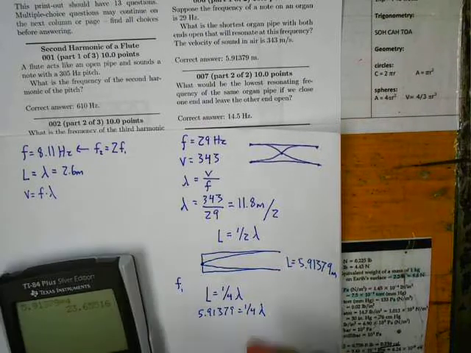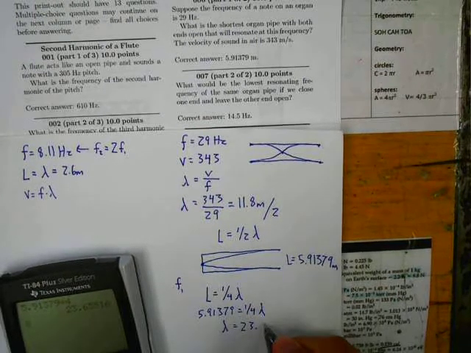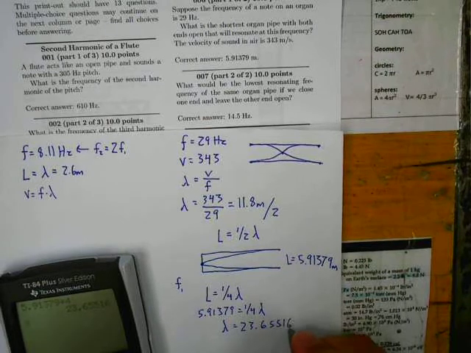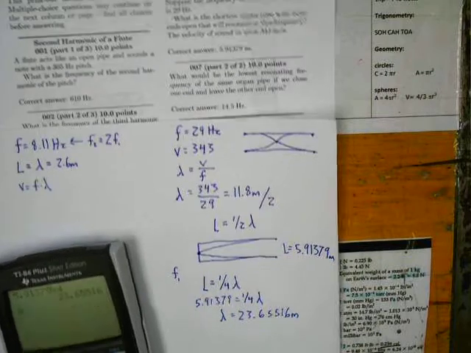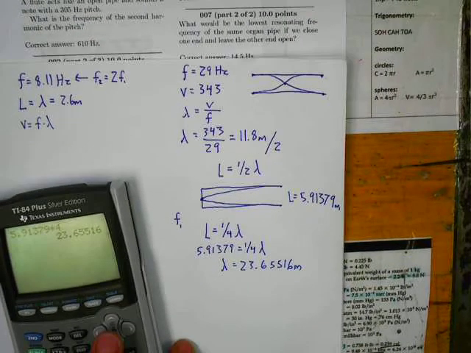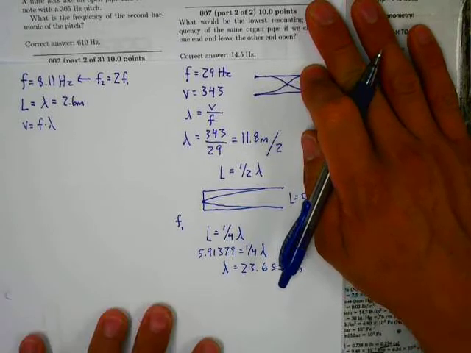And I get 23 and change, so lambda equals 23.655. I'll leave a few decimals. And that's meters. So that would be the full wave. But there's only a quarter wave in the pipe. So there you go. There's lambda.